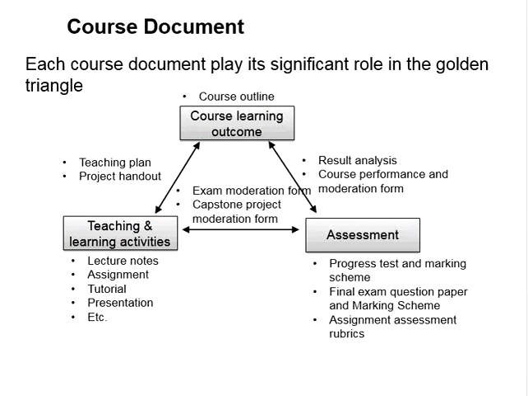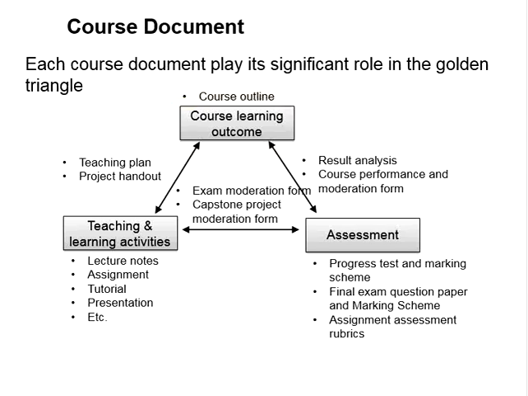Now we have the entire system established through a series of documents. There will be a course outline, which is sometimes known as the course syllabus. The course outline clearly indicates the course outcomes.